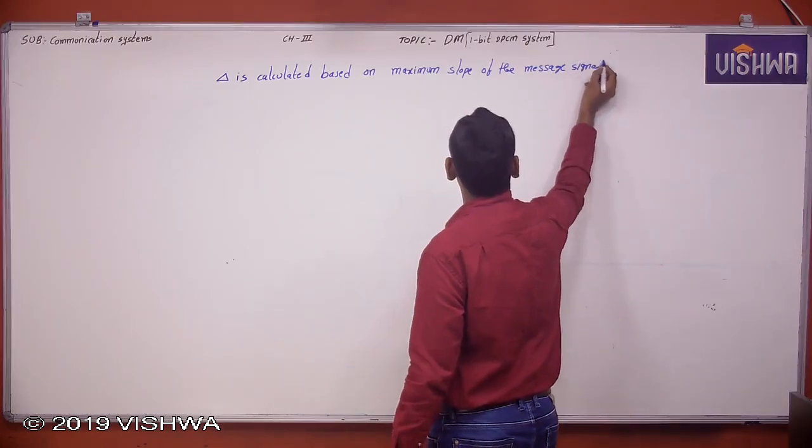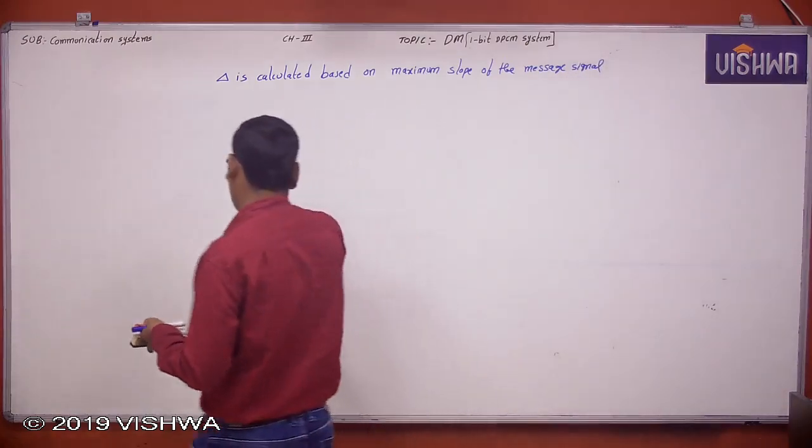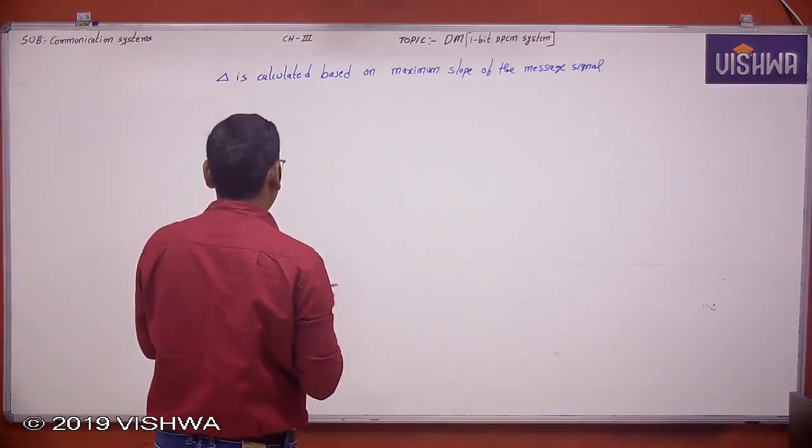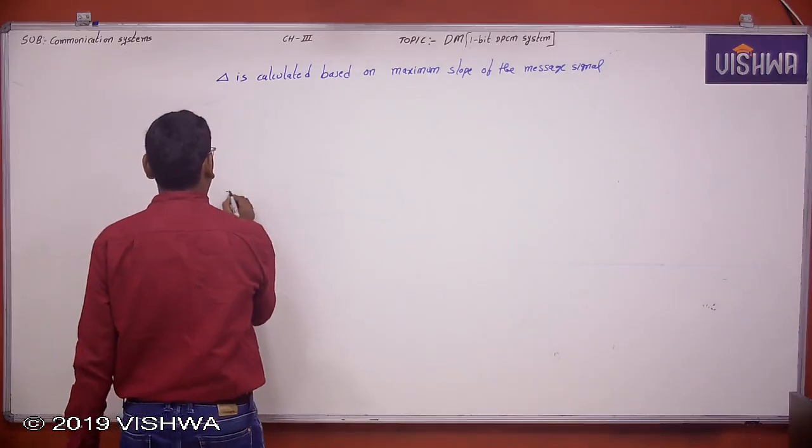In delta modulation, the step size is calculated based on the maximum slope of the message signal. Therefore, now this is the reconstructed signal, right?